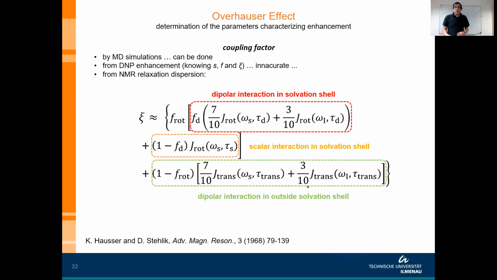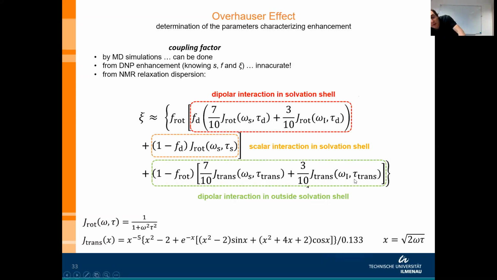Then you have another term that is the scalar interaction in the solvation shell, and then the dipolar interaction due to the relative diffusion of the two species here. Then we can see here the expressions for the spectral densities of the translational interaction. I will not go into detail on them.